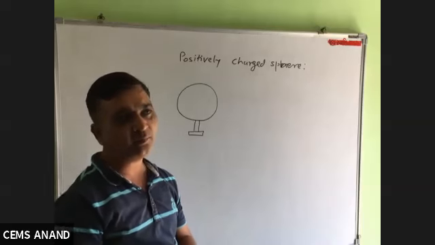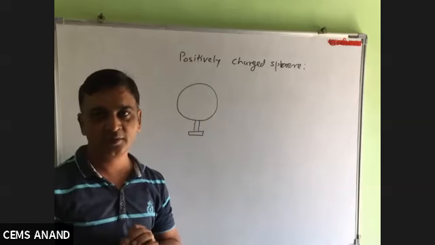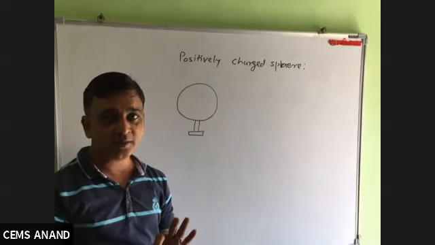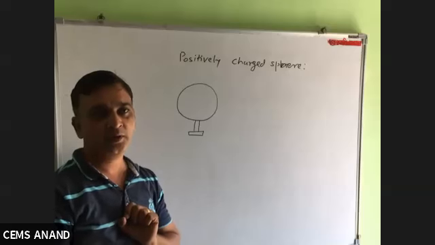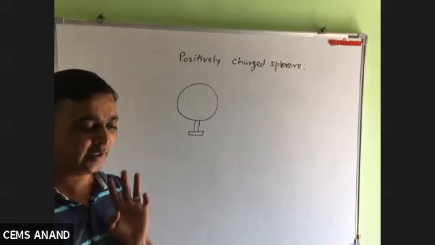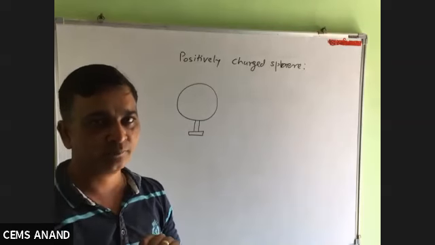So the total sum of charges on the sphere becomes 0. This is the first characteristic of electric charge also. The electric charges have 3 different characteristics. First, they are additive.